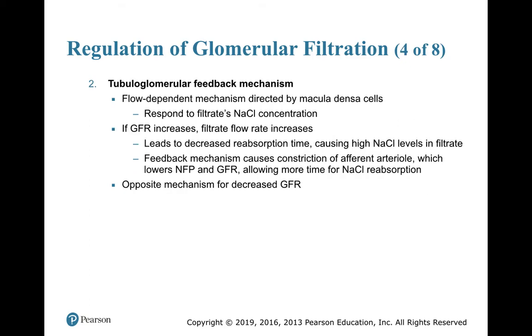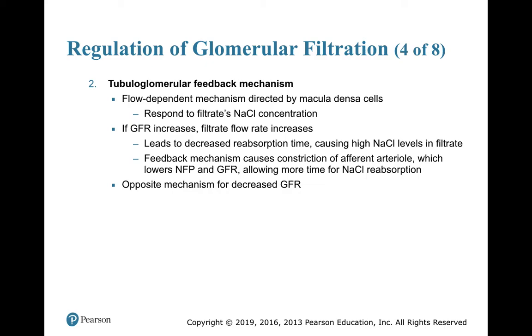The tubuloglomerular feedback mechanism is a flow-dependent mechanism directed by macula densa cells. They respond to filtrate salt concentrations. If the GFR increases, the filtrate flow rate would increase. That would lead to a decreased reabsorption time, which we'll talk about later on, and the end result is high salt levels in the filtrate.